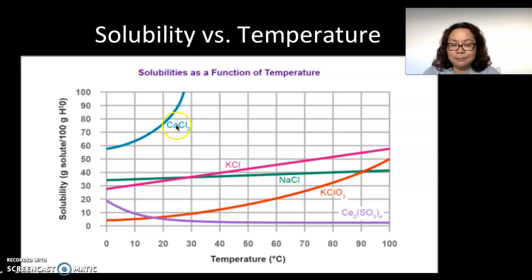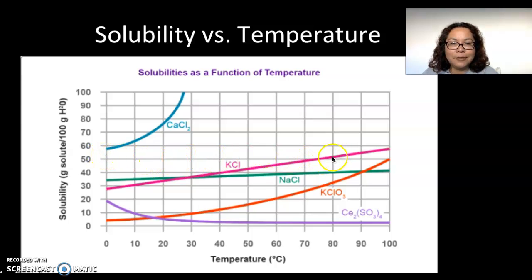The maximum amount of potassium chloride that can be dissolved in 100 grams of water at 80 degrees Celsius over here. So if you ever want to figure out what the maximum amount is for any of these at a specific temperature, you just locate the temperature, find where that KCl ends up, and then look to the left over here.